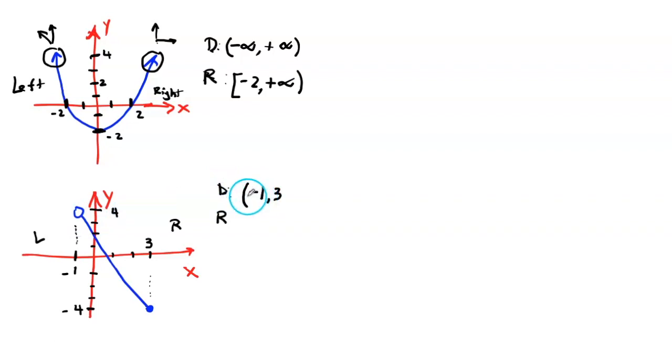So I put a parenthesis when the value is not included. I put a bracket when I'm touching my graph or when I have a solid point like this. Bracket, touching my graph like I did in the first one on the top, or when I have a solid point like this. 3. Do I have a solid point? Yes, so 3 is going to have a bracket.